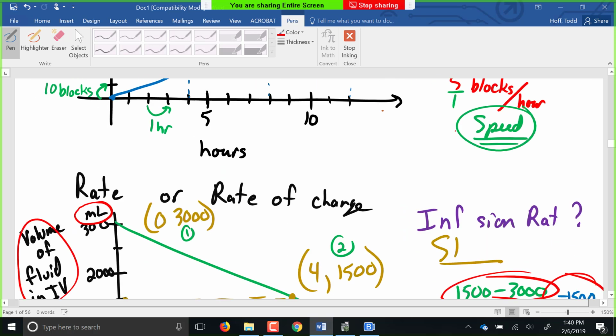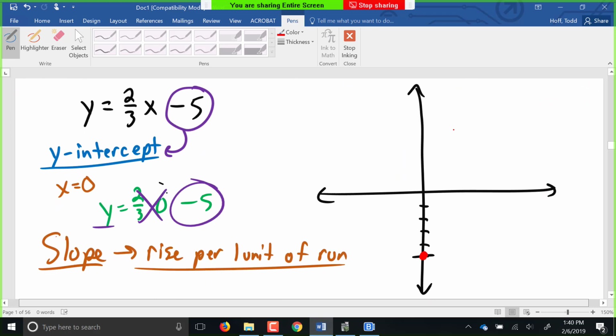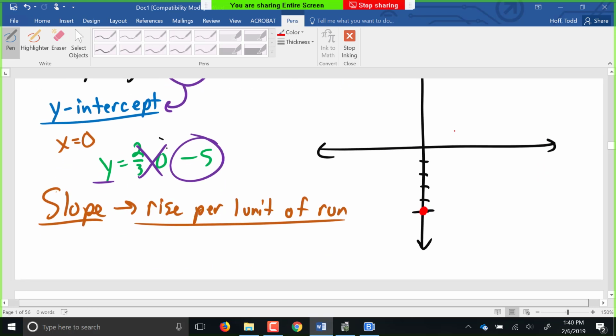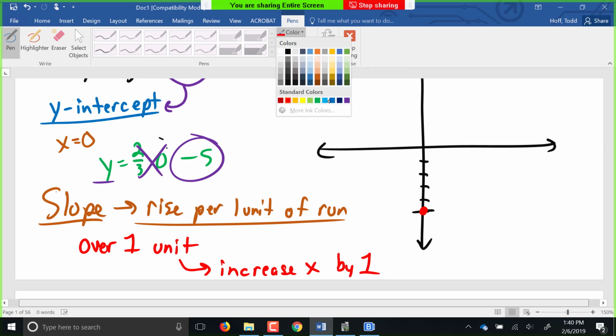Well, down here, to go over 1 unit means you would increase x by 1, correct? Going over 1 is an increase of 1 in the x value. Let's just pick a value for x.